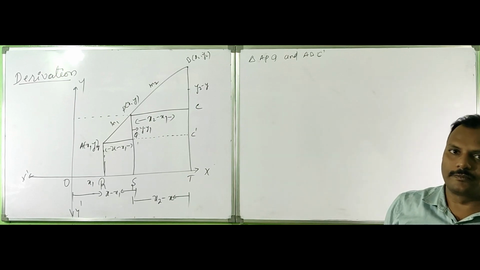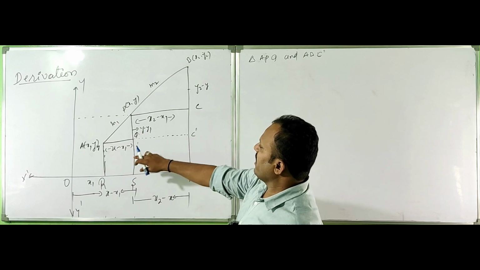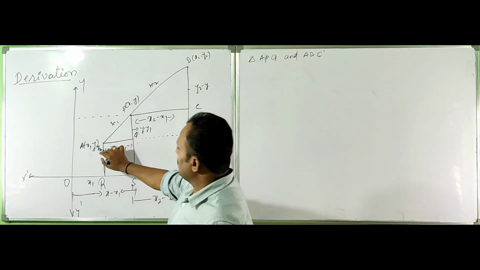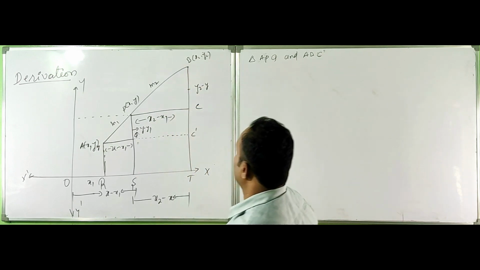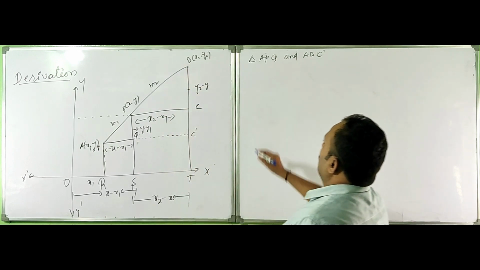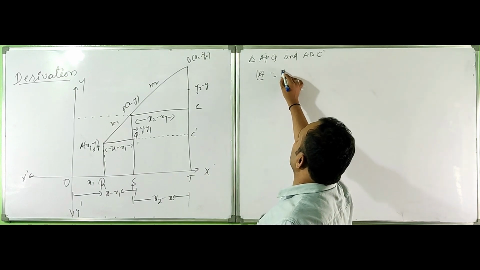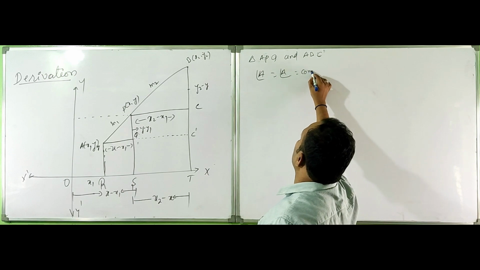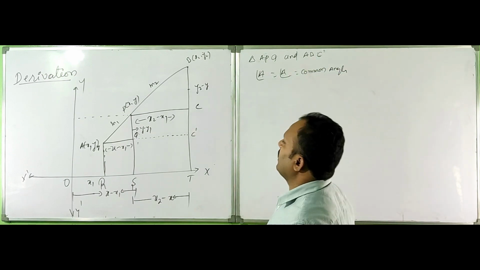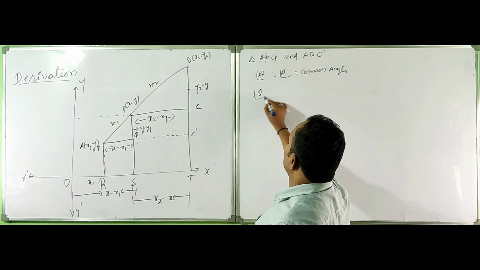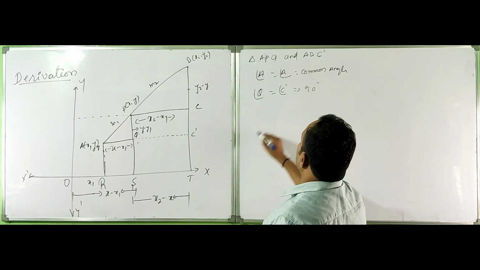Triangle APQ and triangle ABC dash. Right? What are the corresponding parts? Angle A is equal to angle A because it is a common angle in the triangles, and angle Q is equal to angle C dash, which is 90 degrees.